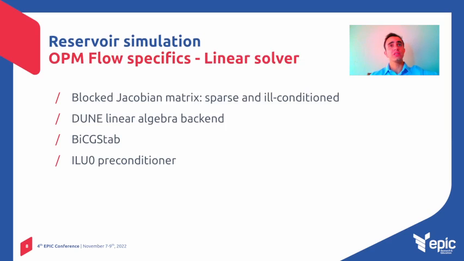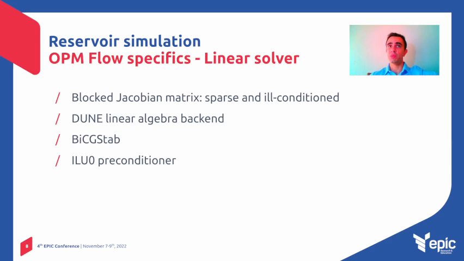And now regarding the linear solver, the linearization from Flow builds a blocked Jacobian matrix. What I mean by this is that the Jacobian matrix from OPM Flow does not have scalar values, but has matrix values. So its elements are in themselves submatrices, dense matrices.